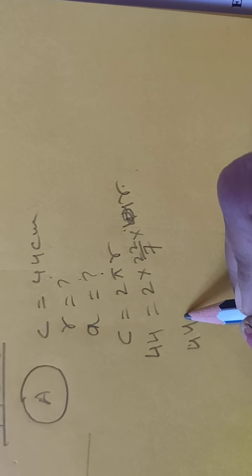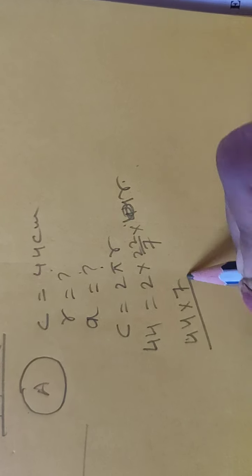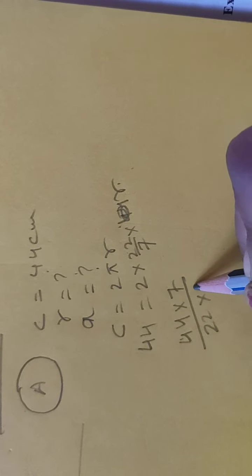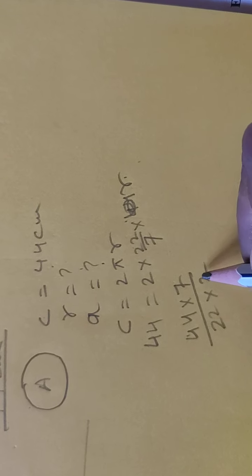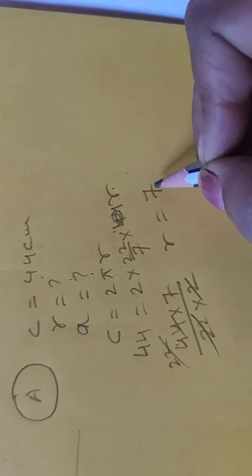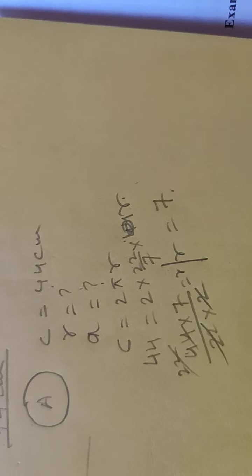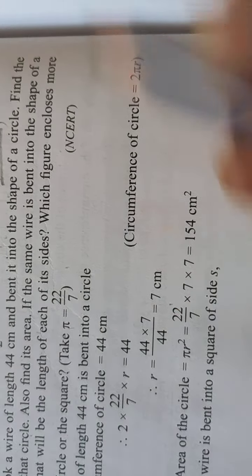So r is 44 into 7 by 22 into 2. Cut this and this by 22, you cancel this and this. Means r is equal to 7. Okay? You got it? See, they have got r is equal to 7.